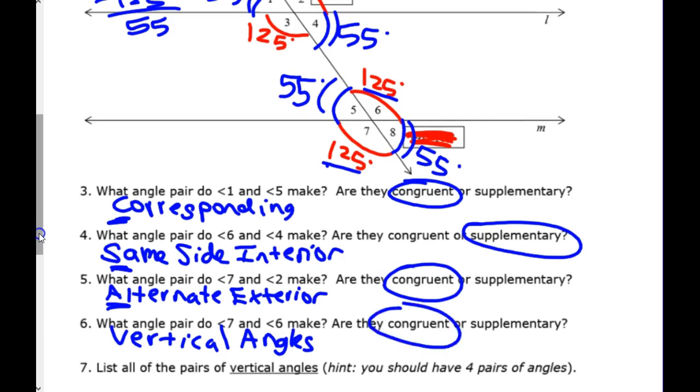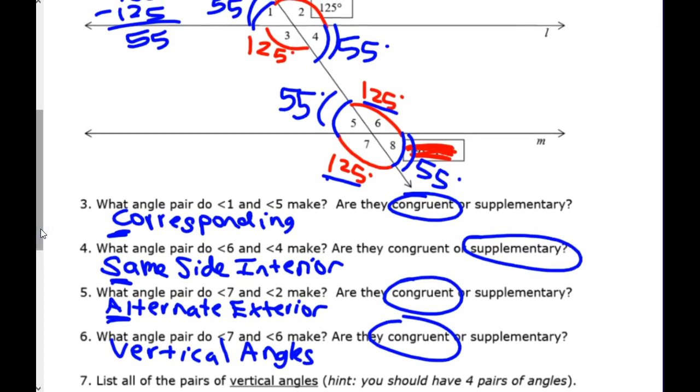Now I want to list all the vertical angles on number 7. Tell me some more vertical angle pairs here. 1 and 4, 2 and 3, 5 and 8, 6 and 7. So I'm going to write, those are 4 different vertical angle pairs I'm going to write on number 7.